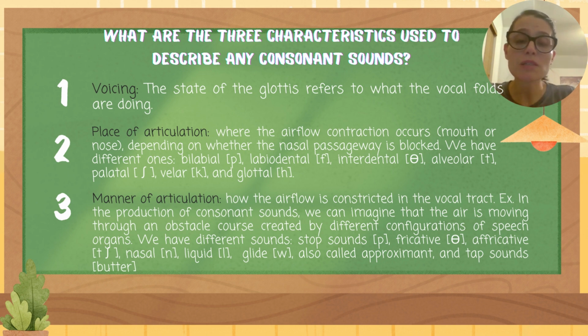Number two is the place of articulation, where the airflow constriction happens. It could be in the mouth or in the nose, and depending on whether the nasal passageway is blocked, we have different sounds, or different places of articulation. The first one is bilabial, as for example p.